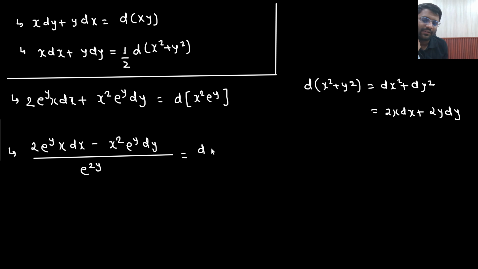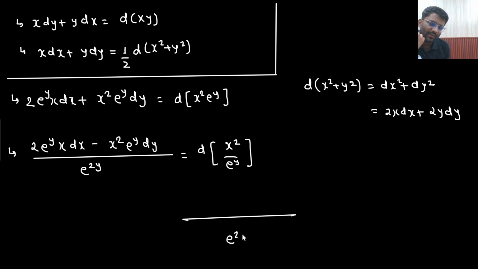It is nothing but d of x square by e to the power y. Right? Because how will you do it? Square of this, then e to the power y, then differentiation of this would be 2x dx minus x square as it is, differentiation of e to the power y will be e to the power y dy.